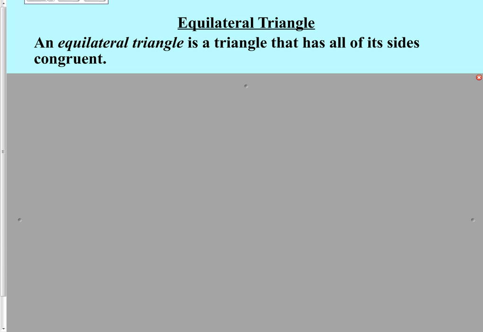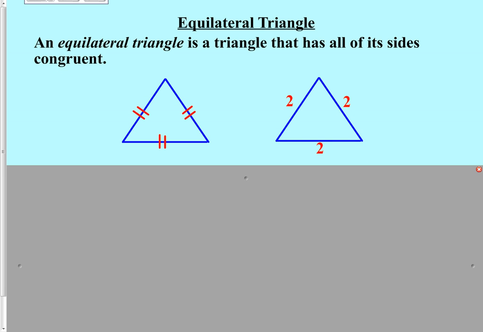An equilateral triangle is a triangle that has all of its sides congruent. So as you can imagine, a couple of examples of equilateral triangles might look like that. We have matching tick marks, or matching side lengths, on all of the sides. And as we said, these triangles are also isosceles, but technically, more precisely, they are equilateral triangles.